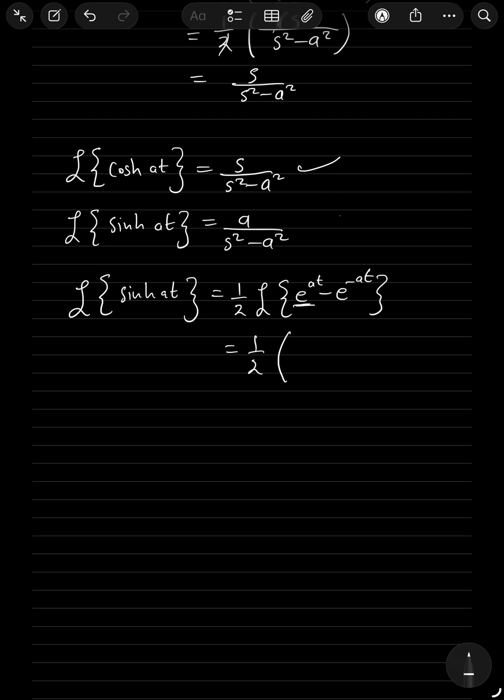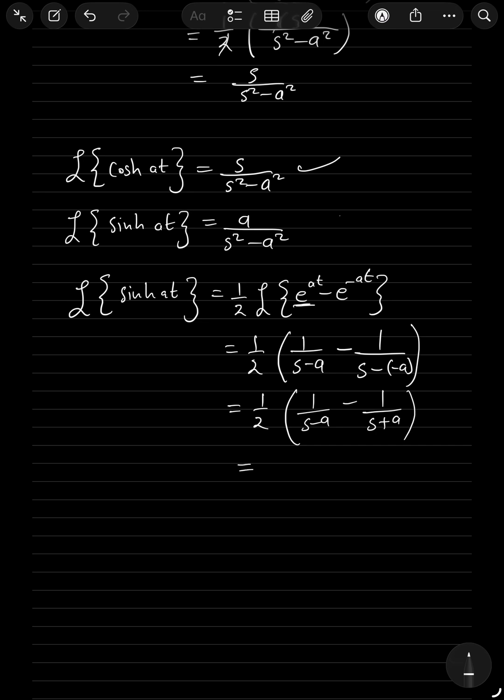The Laplace transform of e to the power at is 1 over s minus a, minus the Laplace transform of e to the power minus at, which is going to be 1 over s minus, now a is negative here, so it's minus a, right? And then this is half, this is 1 over s minus a minus 1 over s plus a, right?